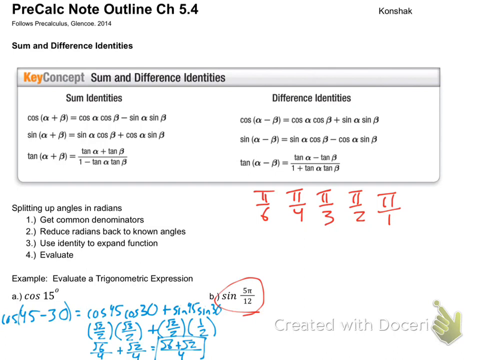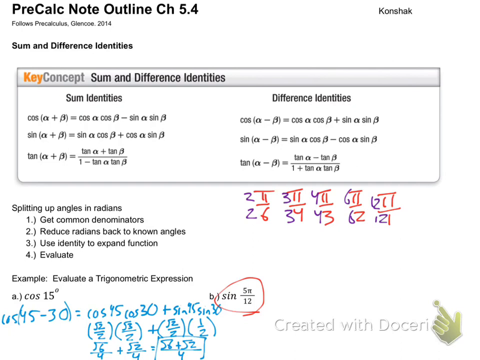So I'm going to go through and multiply them by their missing parts. 6 has to be multiplied by 2 over 2. Next one. Next one. Next. Boom.